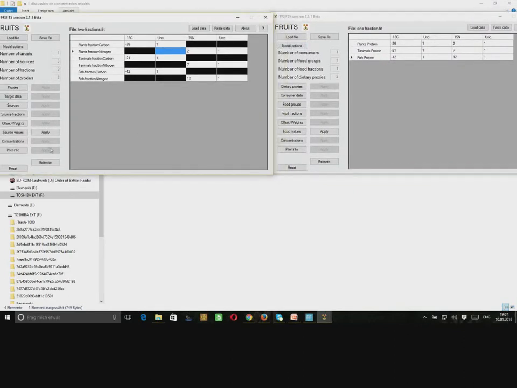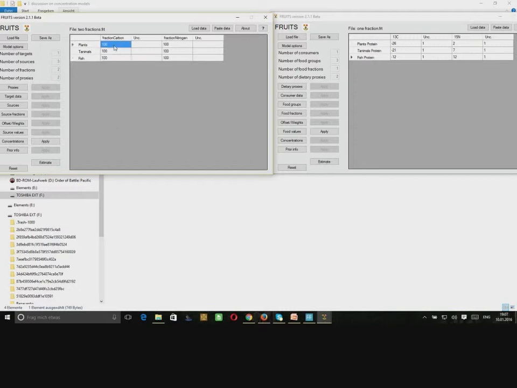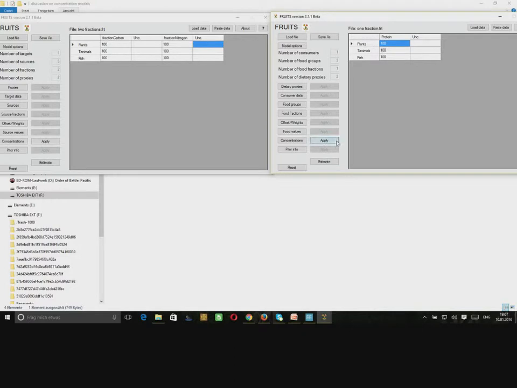Concentrations. It's a concentration independent model. These values are all set to 100 and it's not possible to edit them, and the same thing here with just one fraction. So let's look at the estimates in each case, and let's see that both models, quite naturally, of course, necessarily give the same estimates.